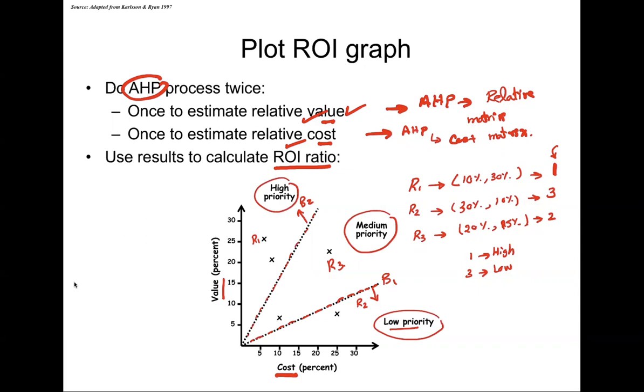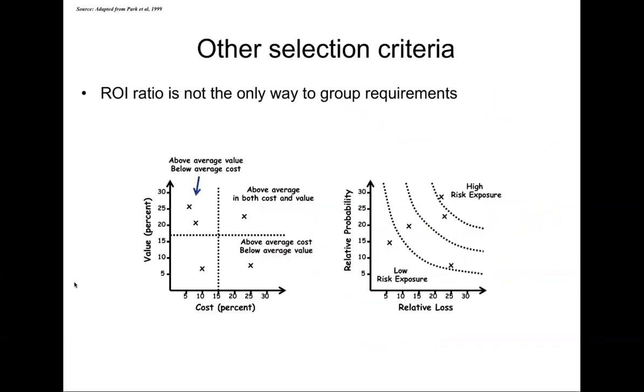So this is very efficient for classifying requirements based on the ROI, but as a matter of fact, there are other methods that can be used as selection criteria to provide a priority level for each requirement in addition to the ROI. It could still use the cost and value approach, but without the ROI boundaries. We're just going to use a sharp split into 4 clusters.